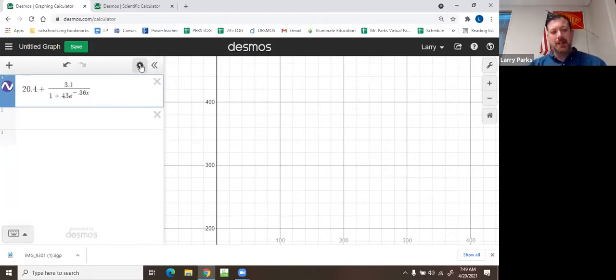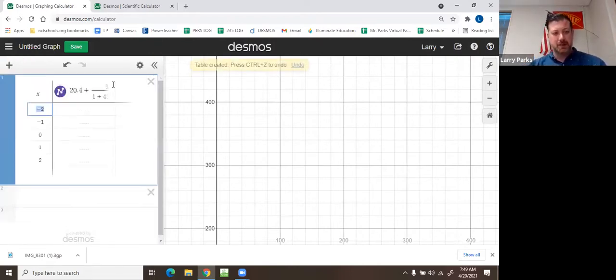And then I'm probably just going to go to a table. So here's t equals 0, 20. Okay, so around 20 years old, 20 and a half. Then we wanted to find when t was 10.